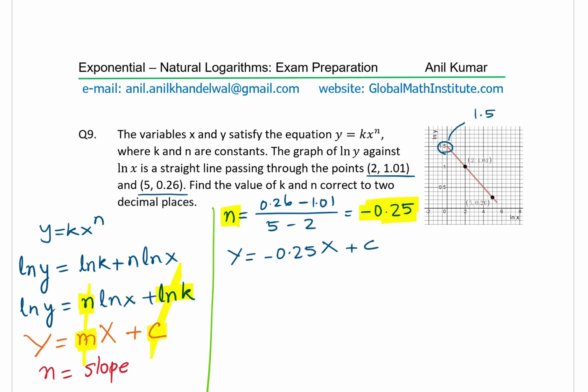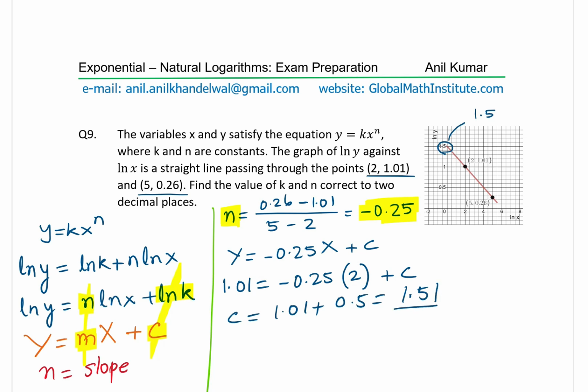So considering one of these points as 2 and 1.01, we can write this as 1.01 equals minus 0.25 times 2, which is the x value, plus c. So from here, the value of c will be 1.01 plus 0.25 times 2, which is 0.5, and that gives you 1.51, which is very close to what we estimated, right? But anyway, this is more accurate.